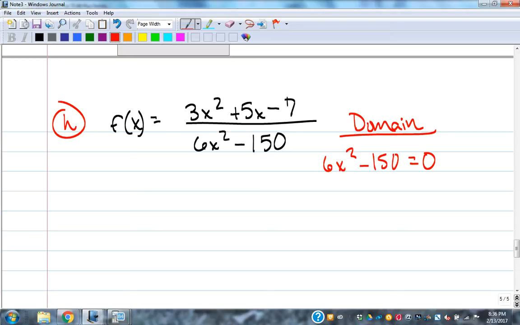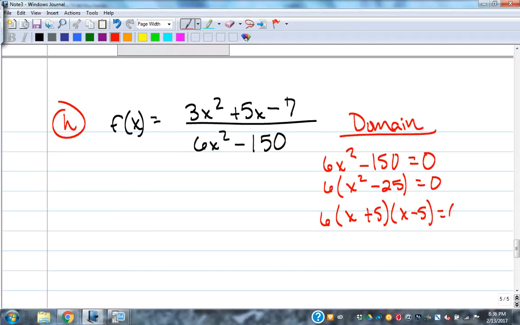Okay, 6 goes in 150? I don't know, I'm asking you. I think it does. Yeah, the 6, and then that factors as x plus 5, x minus 5. What happens to the 6, though, when we go to solve this?